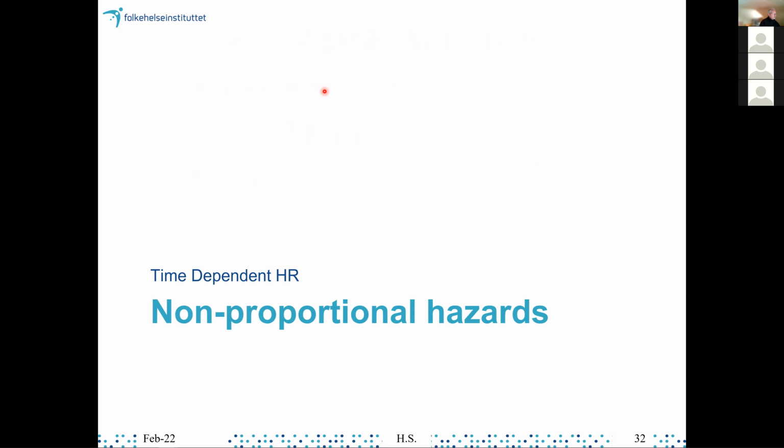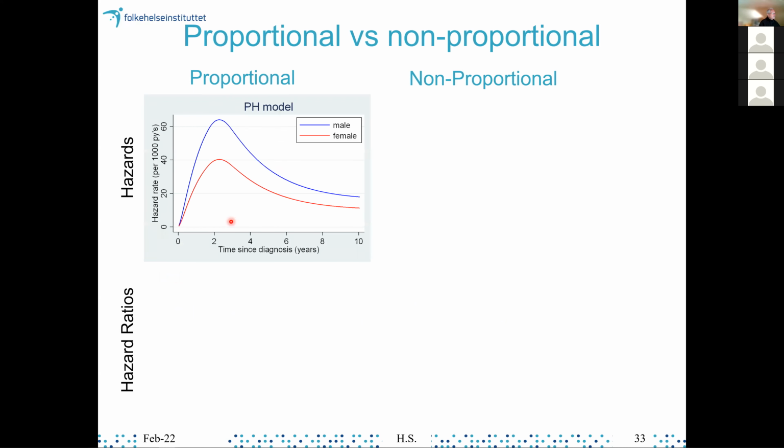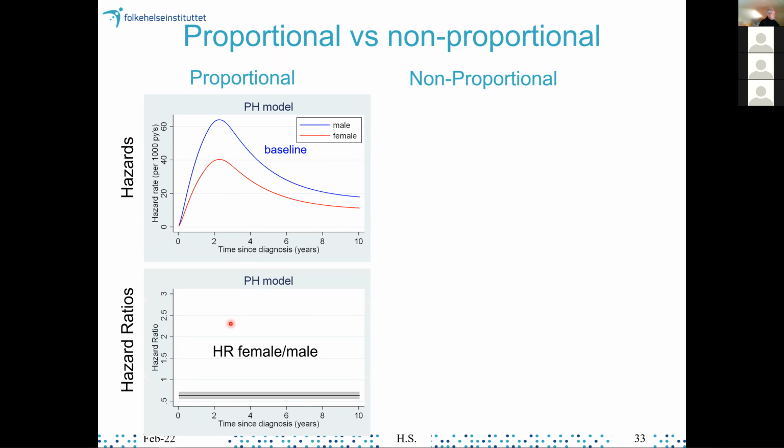So non-proportional hazards is the same as a time-dependent hazard ratio. And here is the difference. Here in the proportional model, we have the hazards for males and females. And if you take the hazard ratio, comparing males to females, well, then you have a constant hazard ratio over time.